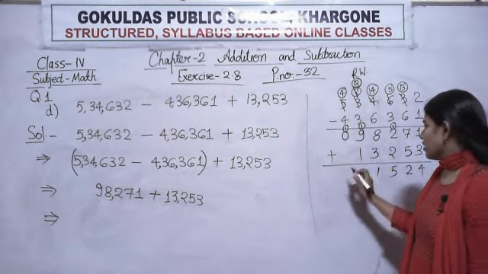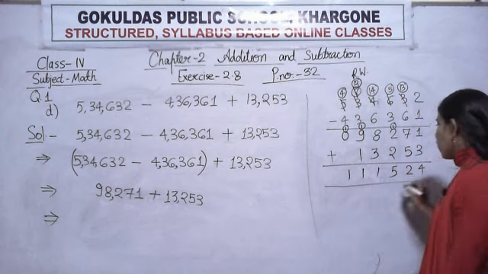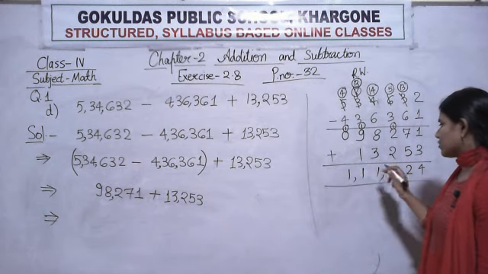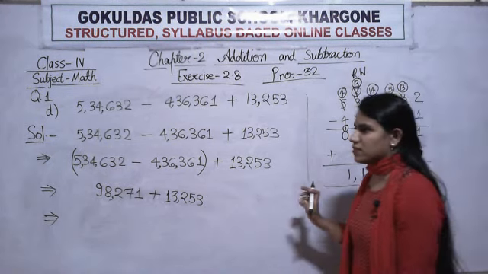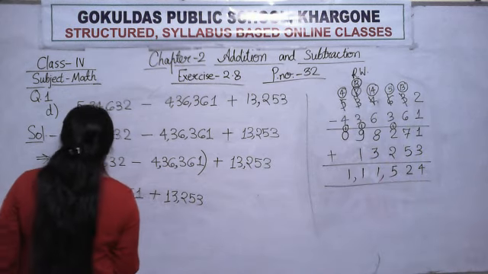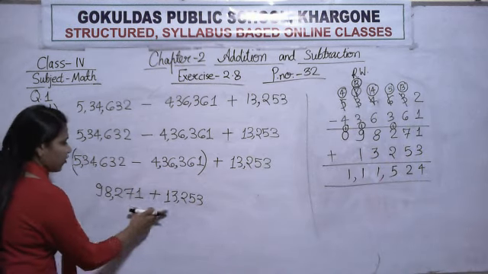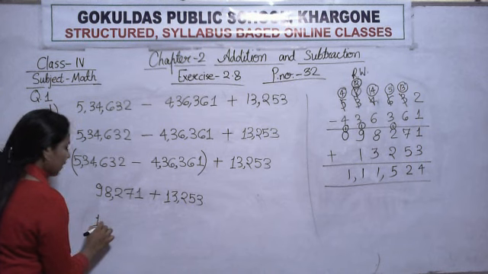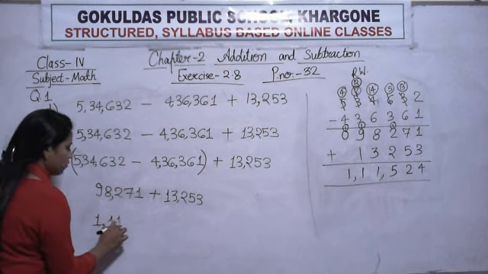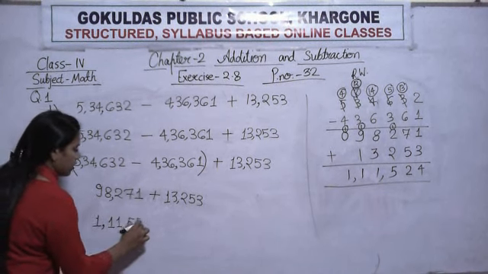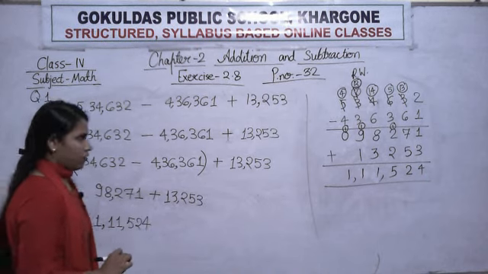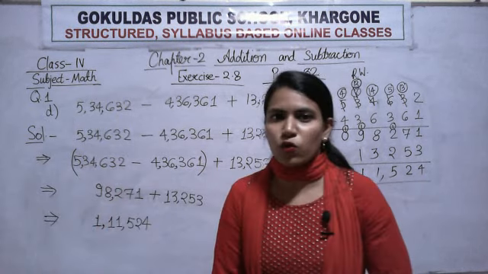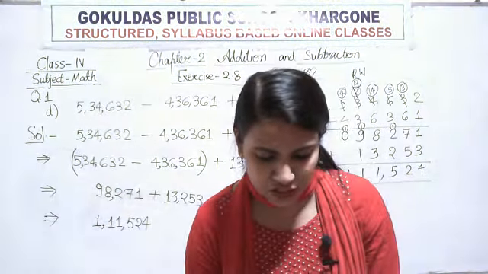Now 1 plus 0 is 1. So what did you get? You got 1,11,524 as the answer. So write this answer over here. When you add these two numbers, you got 1,11,524. So this is how we do this type of questions.